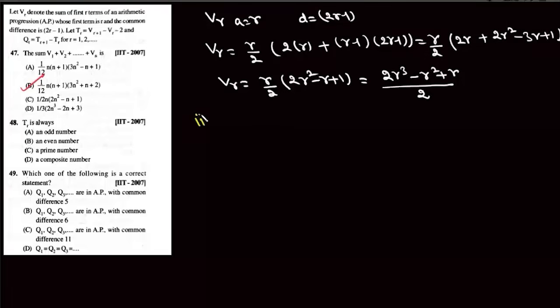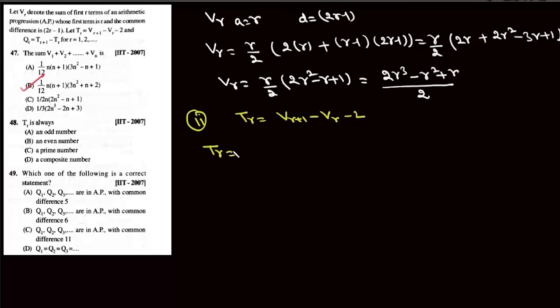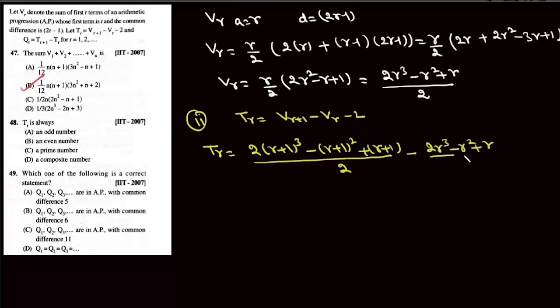Now for the second part, we need to find T_R, and T_R is V_(R plus 1) minus V_R minus 2. So basically this T_R will be V_(R plus 1), which is (2(R plus 1) cube minus (R plus 1) square plus (R plus 1)) by 2, minus (2R cube minus R square plus R) by 2, and then minus 2.